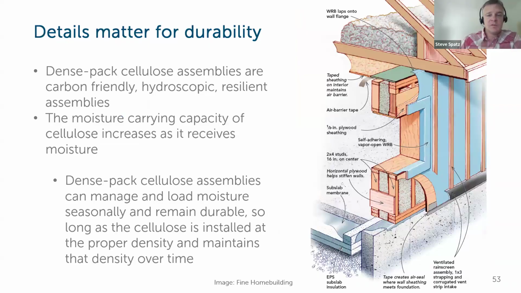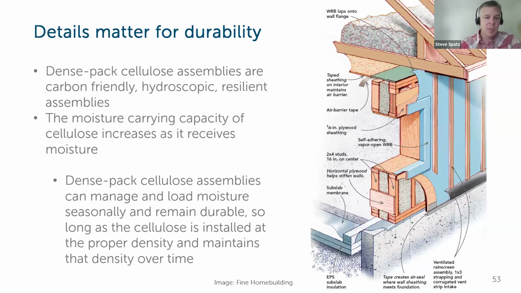When you're going to use a double stud wall as your method for accomplishing a continuous insulation assembly, there are definitely details that need to be accounted for, and working with a qualified and experienced installer of the insulation in those assemblies has a huge impact on the overall durability of these types of structures.